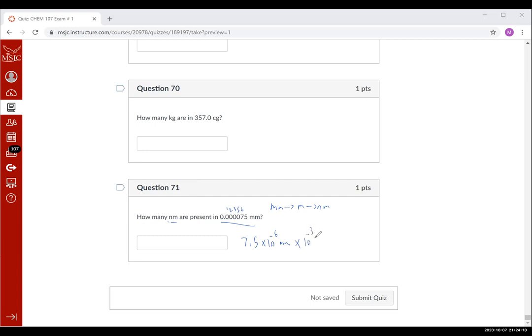There are 10 to the negative 3rd meter per millimeter, and in 1 nanometer, we have 10 to the negative 9th meter. That gives us 7.5 nanometers. Does this make sense to everyone?